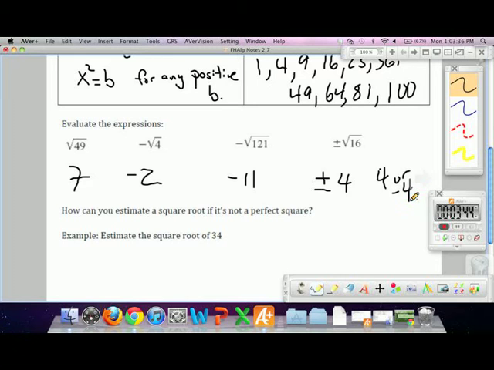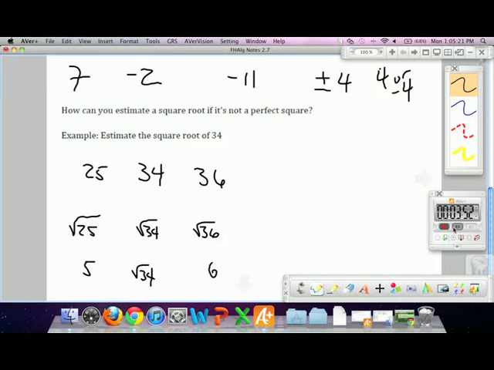Let's repeat that a little bit slower, because this is exactly the method we want. Sandwich the square root we're looking for, that we don't know, between two numbers that we do know. We do know the root of 25. We do know the square root of 36. And 34 is somewhere between them. So if you find the square root of everything, 5, 6, and you know that the square root of 34 should be somewhere in between them.